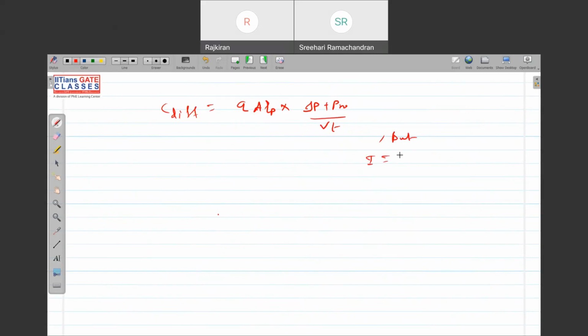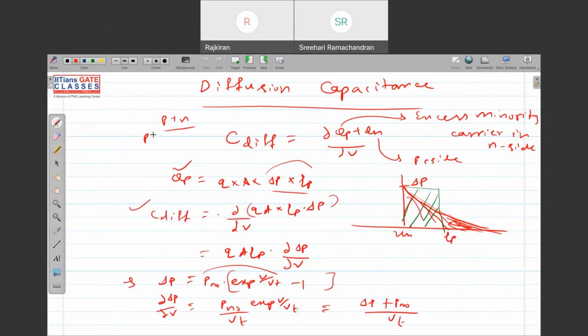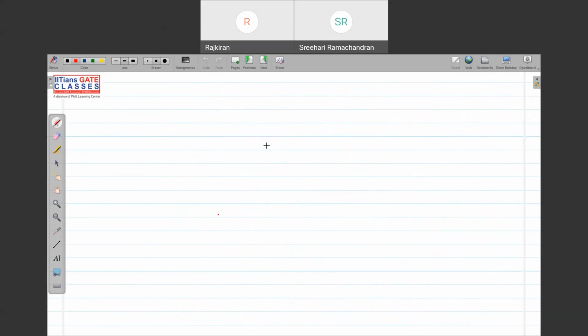But we know I is equal to, if I assume approximately a one-sided junction, that ND is far greater than NA, for simplicity. In that case, what will be my current?